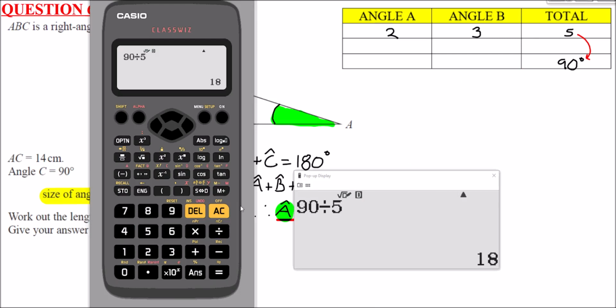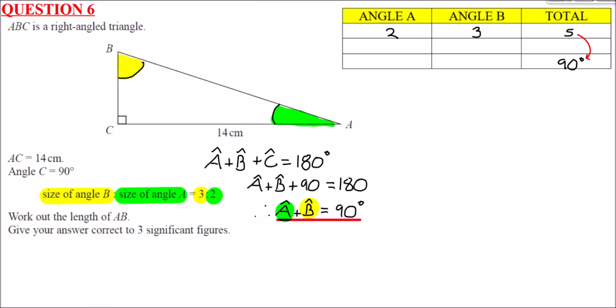So that tells us that we need to multiply each value by 18. If we multiply the 5 by 18, we need to do the same to the other values too, to keep the proportion in balance. So angle A is actually 2 times 18, that's 36 degrees, and angle B will be 3 times 18, which is 54 degrees.